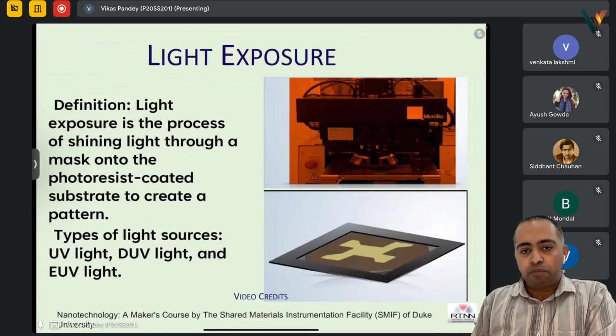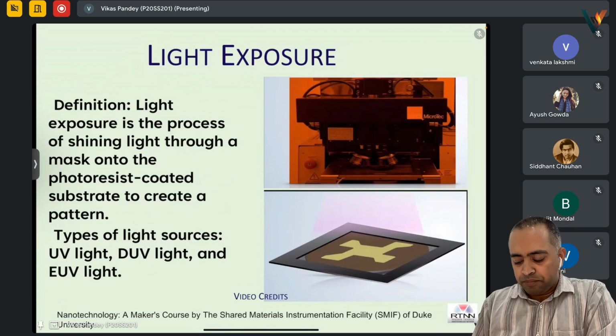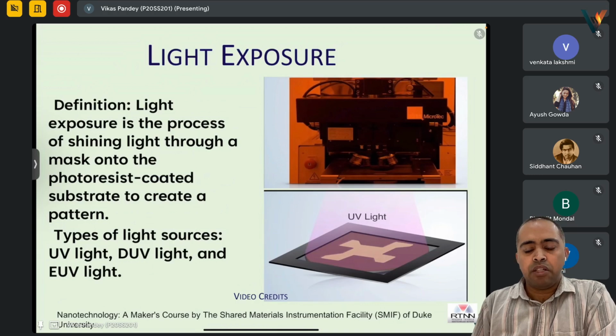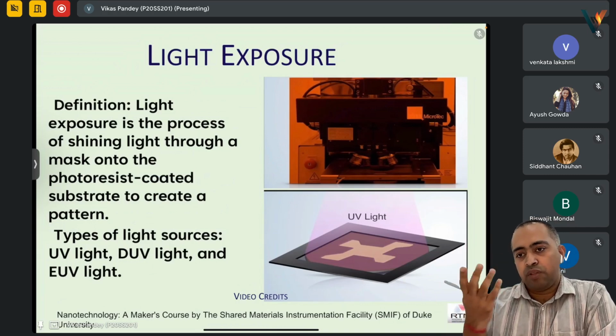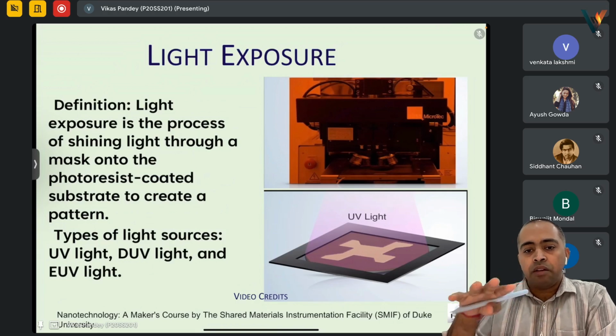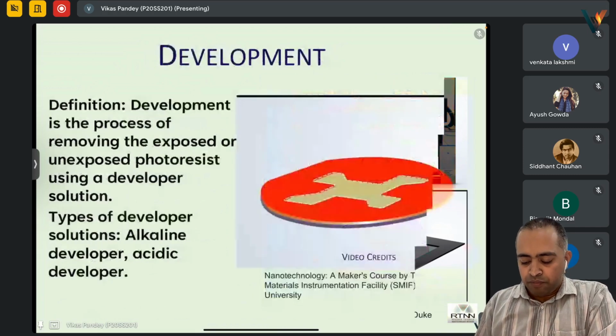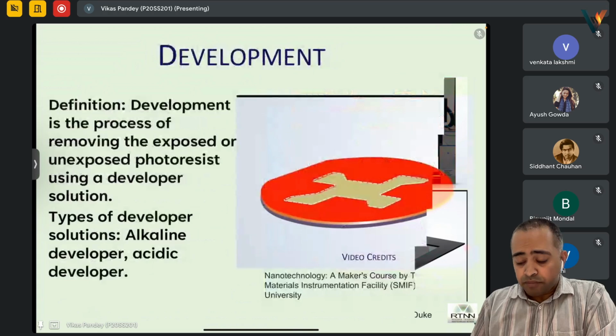We'll put the mask in this setup, and the light used is UV light of 365 nanometer. It will expose the non-dark areas of the wafer, and we will get the pattern.